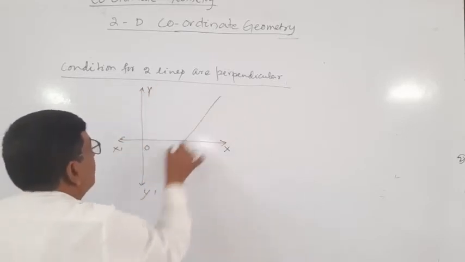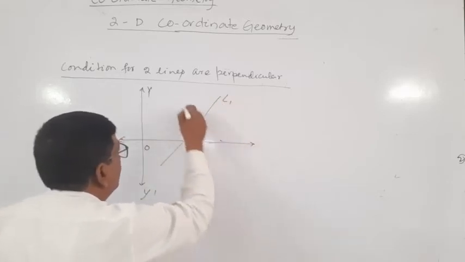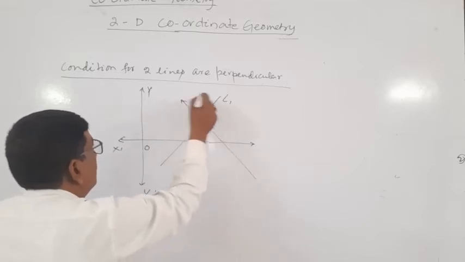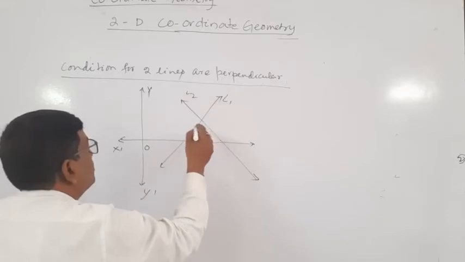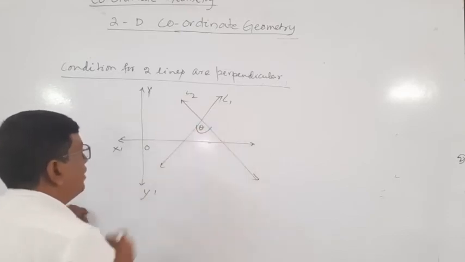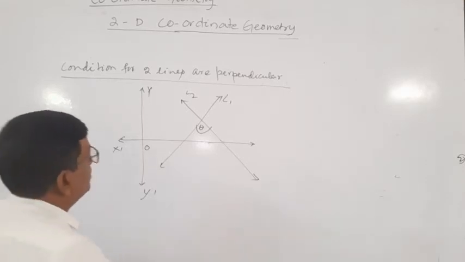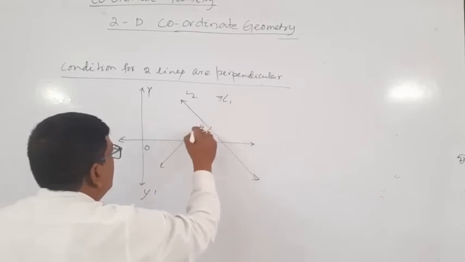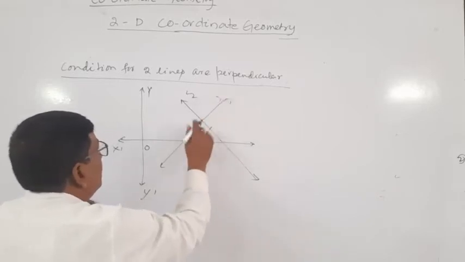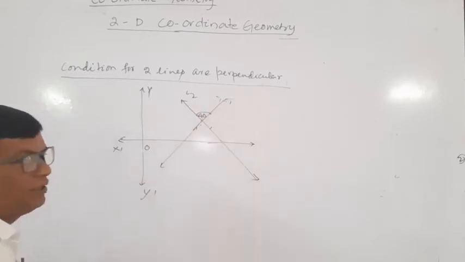Suppose this is line 1 and this is line 2. Suppose this angle is theta. Theta means 90 degree. Suppose this is theta and this is 90 degree.